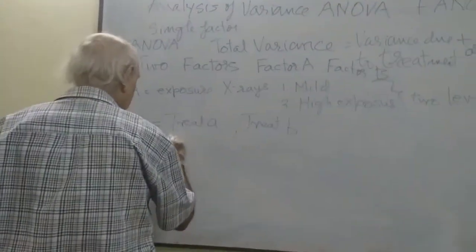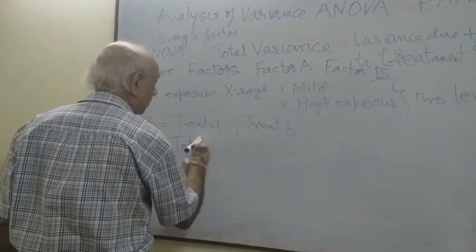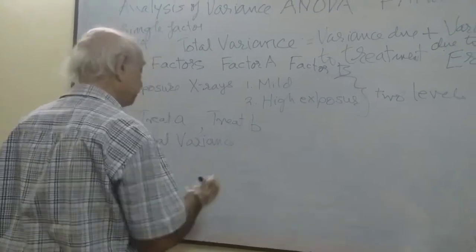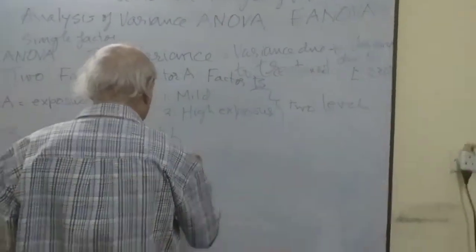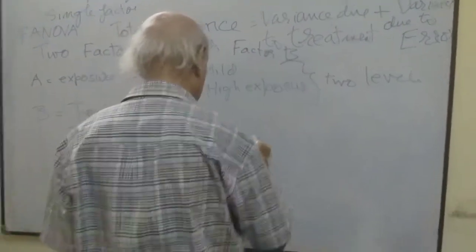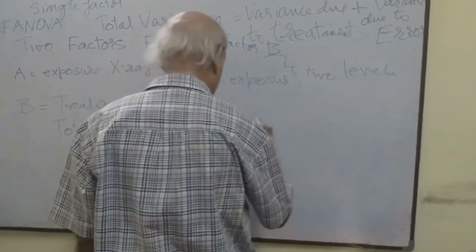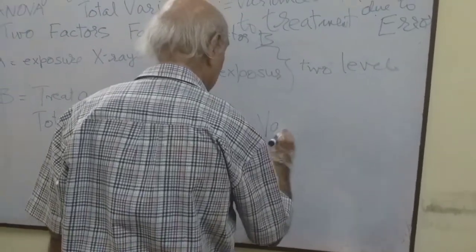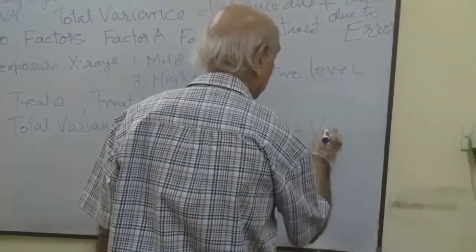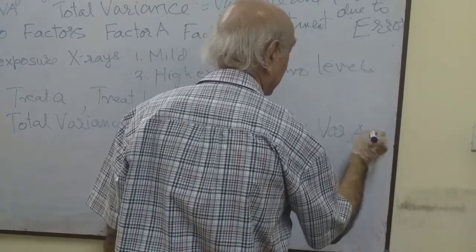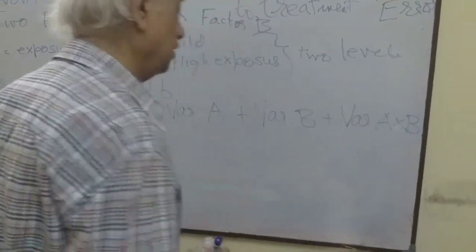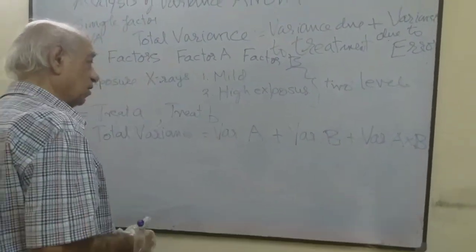So if we partition the total variance, we will have to partition it into variance due to factor A, plus variance due to factor B, plus variance due to interaction of A and B. Often the factors interact with one another, so we also need the variance of interaction.